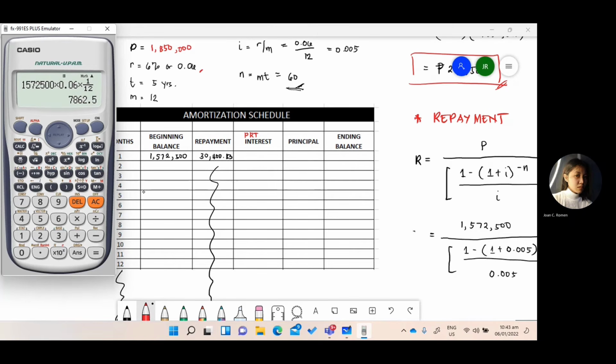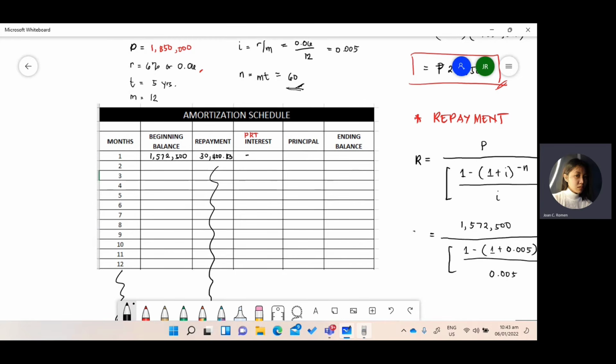Okay, and that is equal to 7,862.50. So, yung interest natin is 7,862.50. So, ito yung interest mo for the first month. Okay? And then yung principal, how to get the principal?